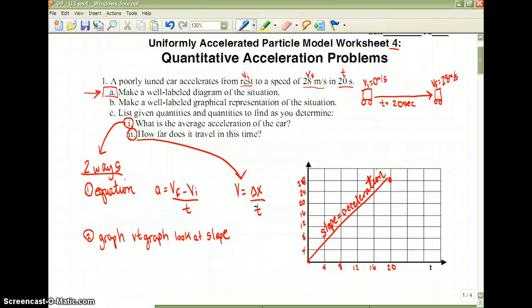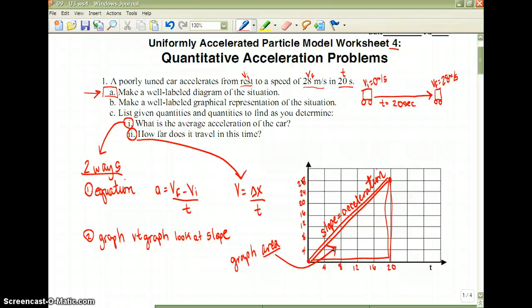We can also look at it graphically. If we want to find how far something went, on our graph we find the area. In this case, we would shade down and find the area of this triangle. That would give me how far this object has traveled. Either one of those would work just fine.